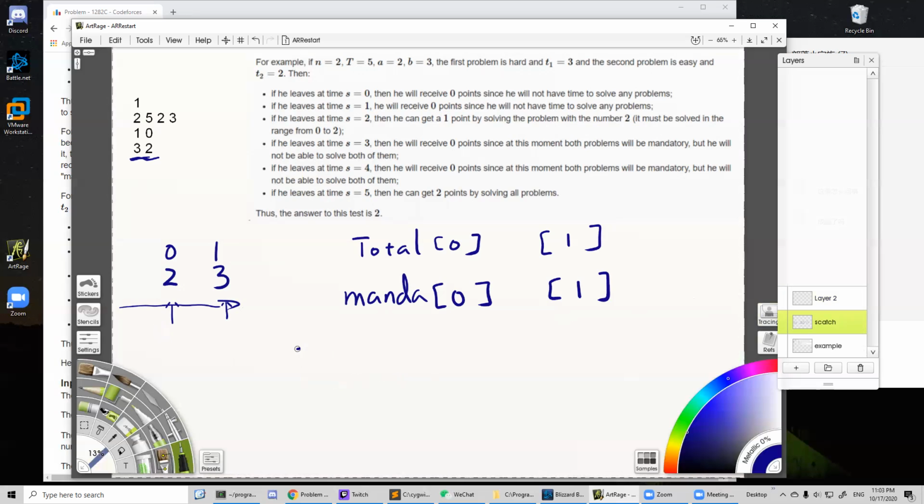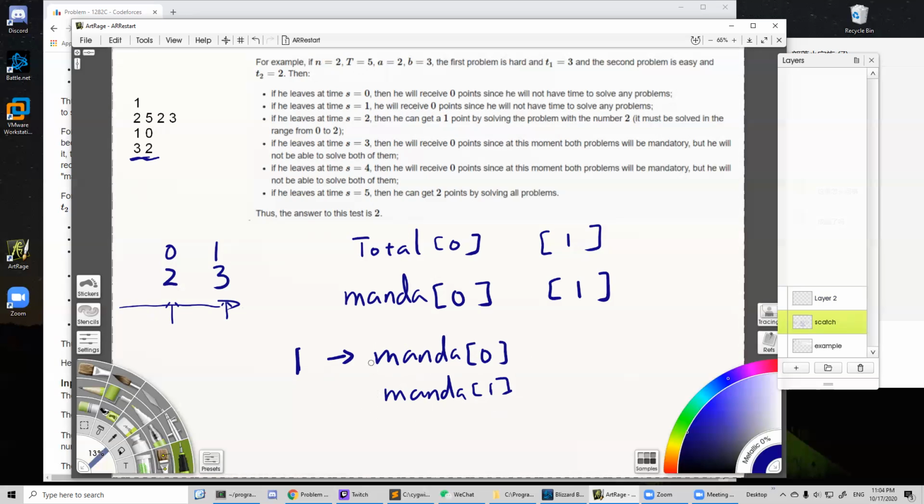Let's say we have some time, and first we are going to use this time to solve the mandatory easy problems, and then we are going to use it to solve the mandatory hard problems. If we don't have enough time to solve these 2 kinds of problems, that means we are going to get 0 points, right?